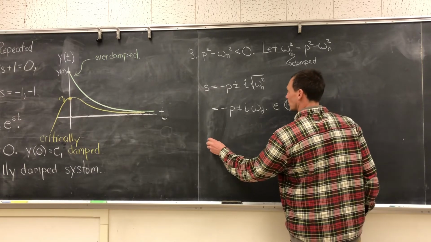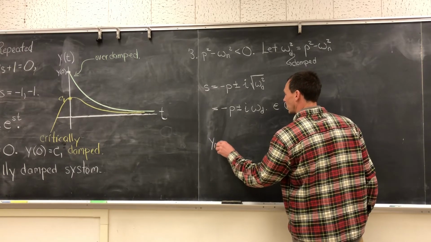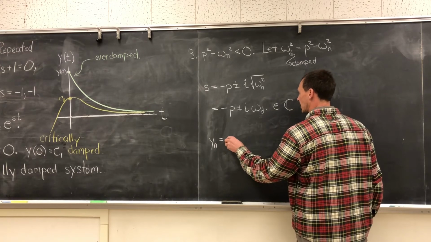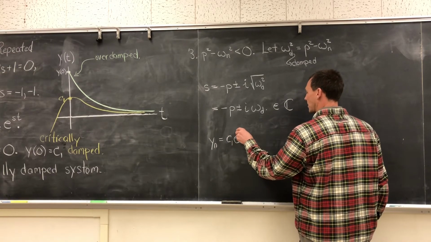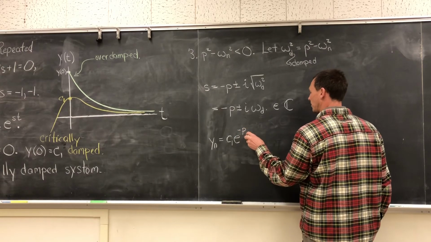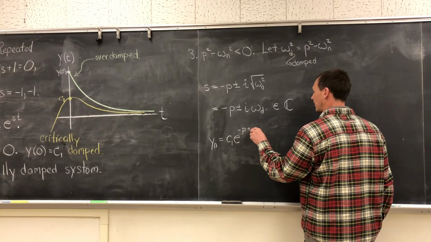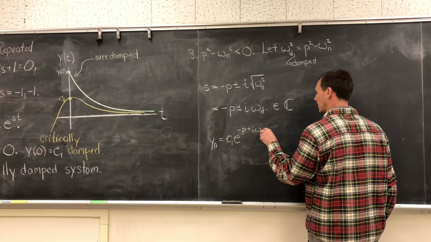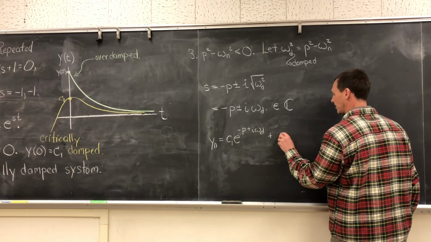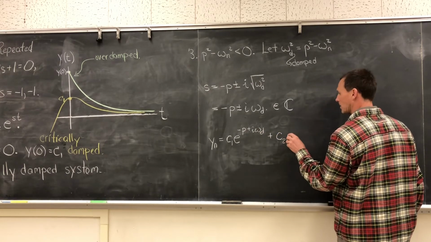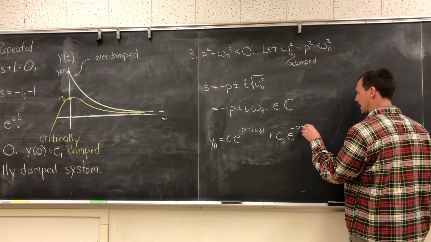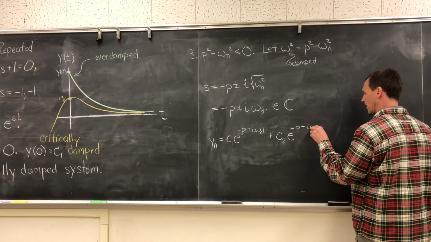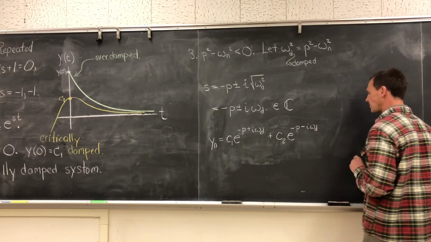So our solution is going to look like this: y null is C1 e to the minus p plus i omega damped, plus C2 e to the minus p minus i omega d.